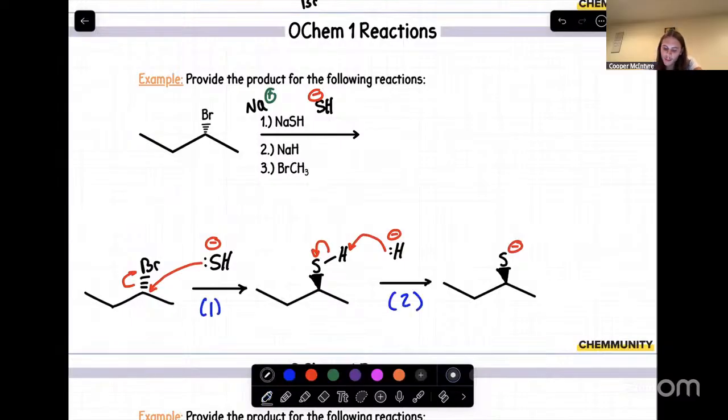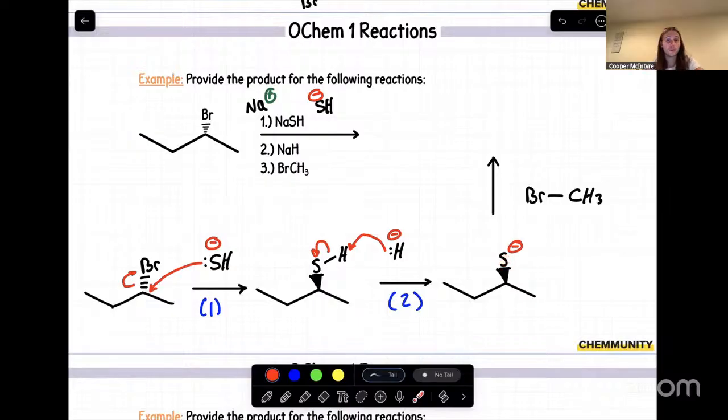And then for step three, what we have is a methyl bromide. So we have a bromine attached to a methyl group, or CH3. And what this will be good for, to keep in mind, is if we only want to add a methyl group. So what do we have right here? We have a very strong nucleophile since our sulfur has that negative charge. And then this carbon has a partial positive charge because it is bonded to that bromine.